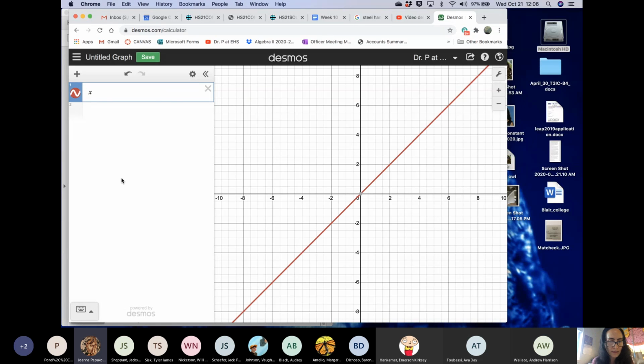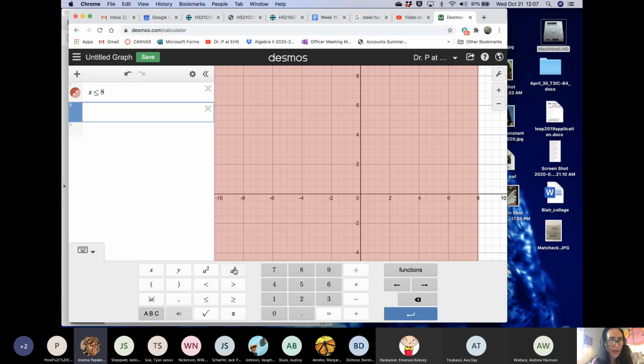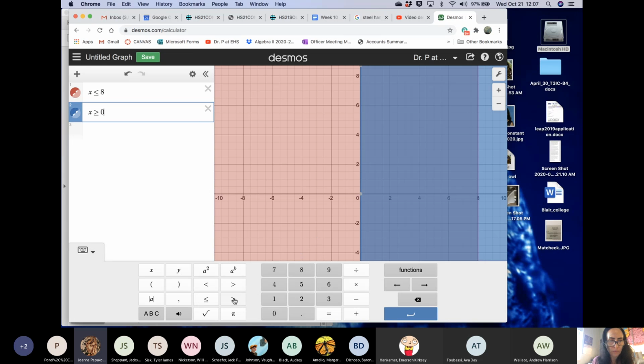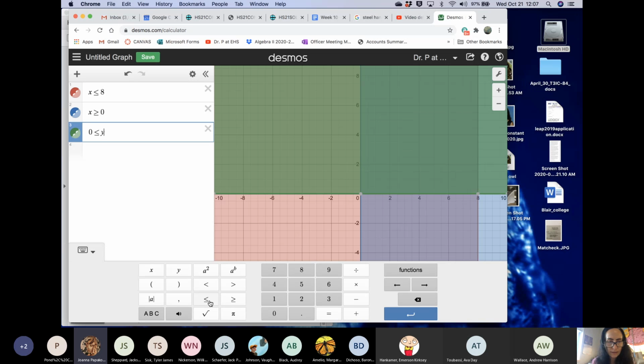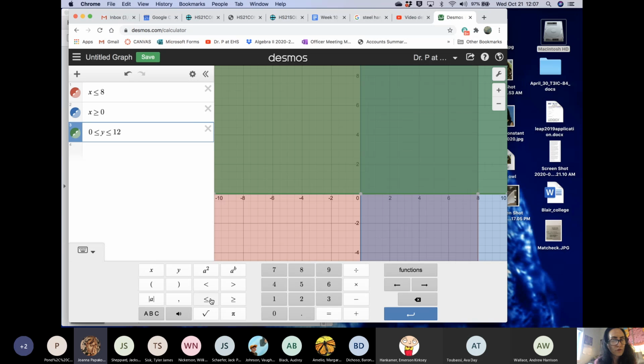I have x is less than or equal to 8. x had to be greater than or equal to 0. Now I could have put those together. I'll put the y's together: 0 is less than or equal to y is less than or equal to 12. You see how I wrote an extended inequality? I could have done the same thing with the x's.